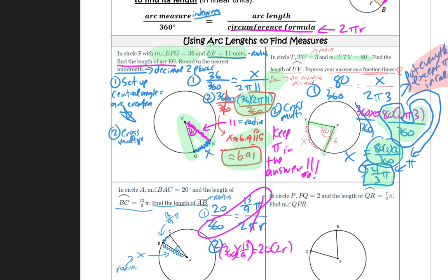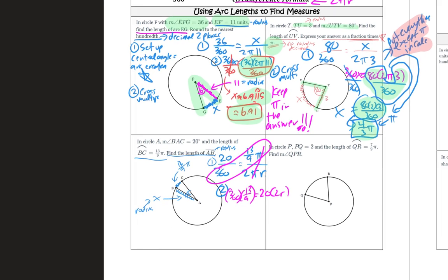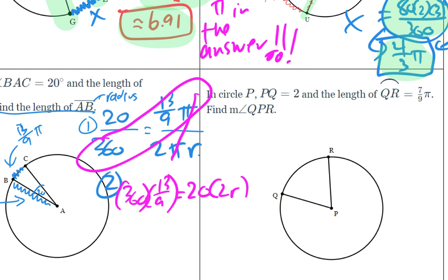Okay, so just keep it with me. I know this looks weird, but now if we put that into our calculator, that left side can go right into our calculator, right? So if I put that into my calculator, that's going to give me the answer of 520. Okay, so that's going to be 520 equals, right? So now 20 times 2r gives me 40r, right?